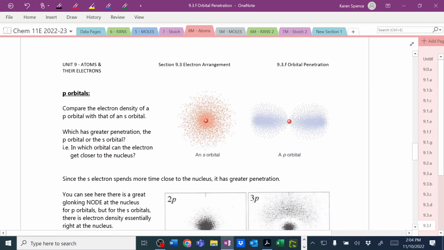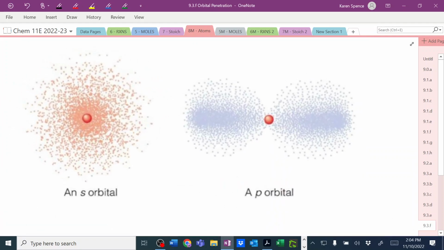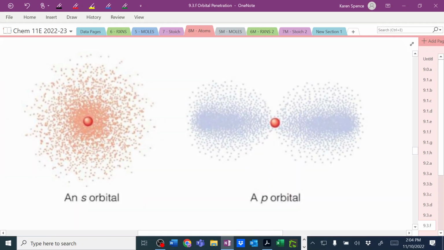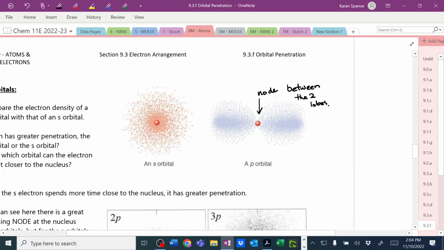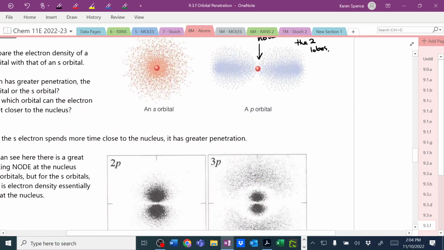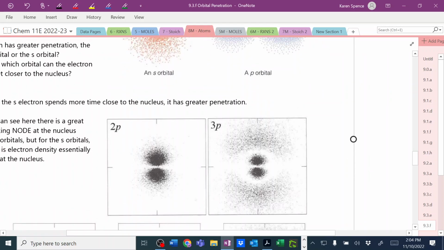Here's our p orbital. Let's compare these. Which one has more electron density close to the nucleus? S. It's fairly obvious, right? There's this huge node in between the two lobes. So we have some diagrams here.